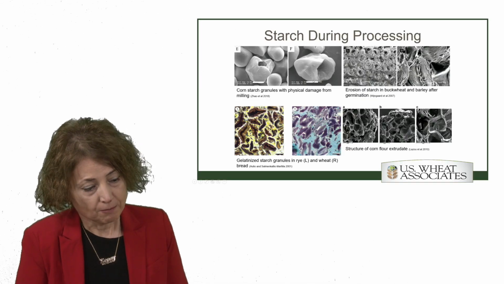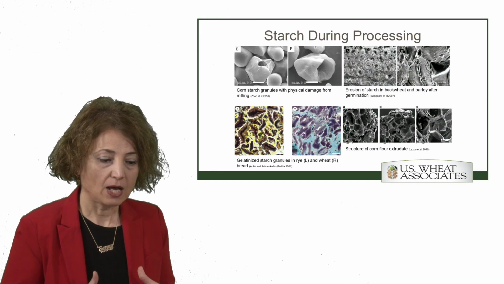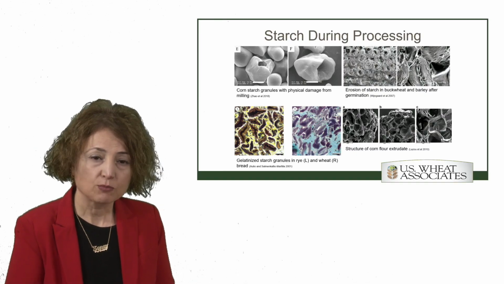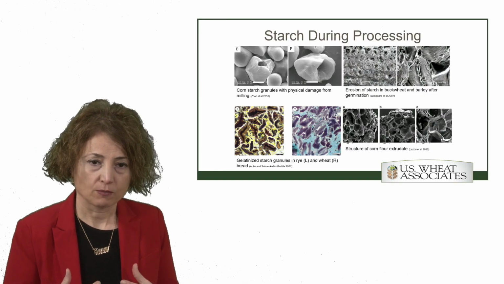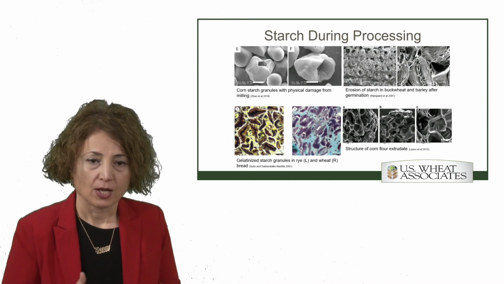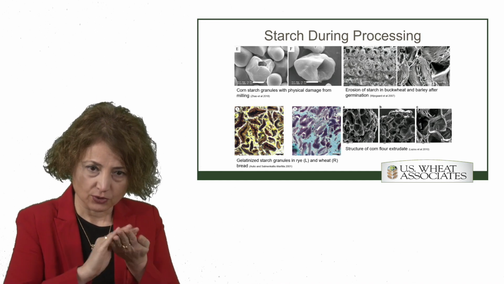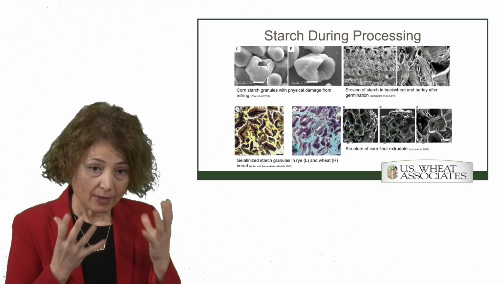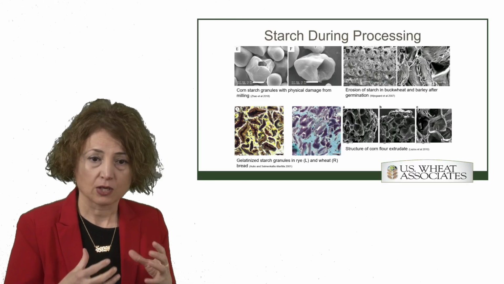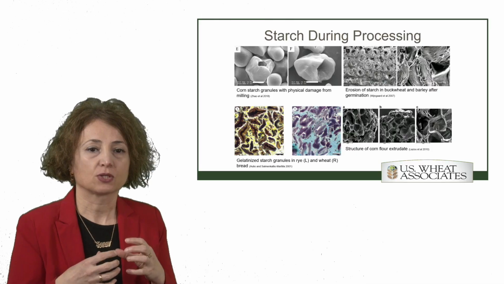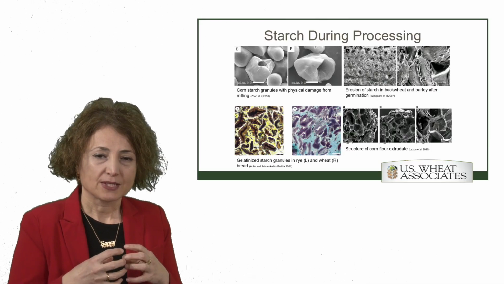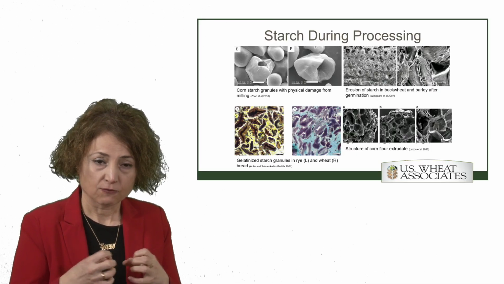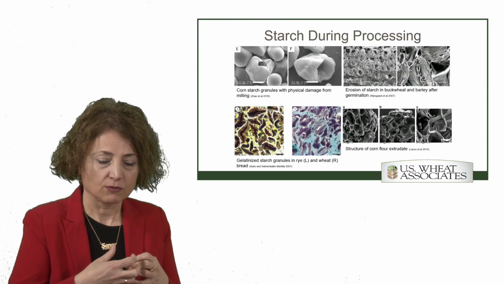So this is an example of damaged starch granules, and I have other pictures. During the milling process, we apply force and shear to remove the endosperm from the wheat grain, and then we apply shear and force to reduce particle size. Remember, I use the analogy of snowballs for starch granules. They are sensitive to shear and applied force, and sometimes they will be ruptured.